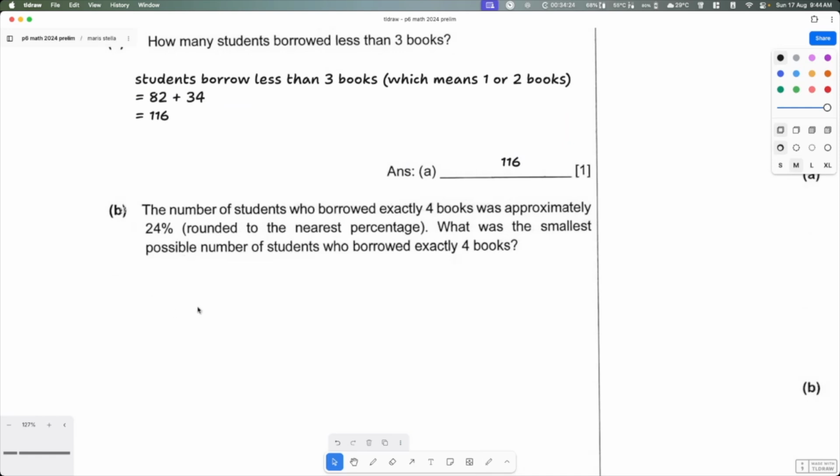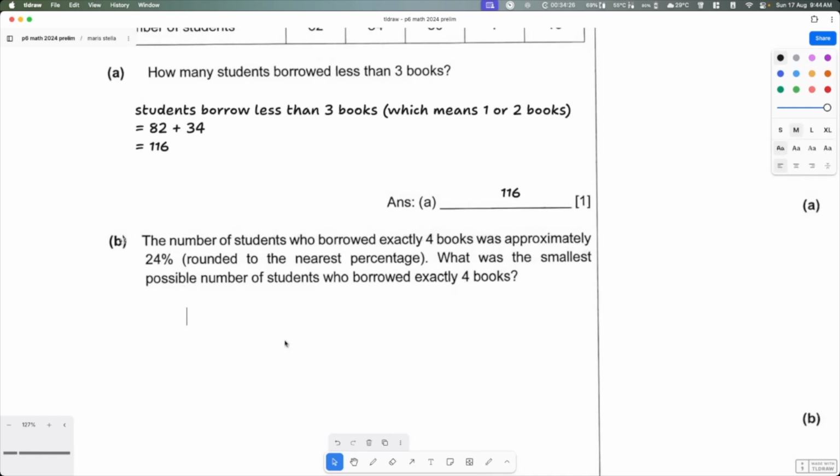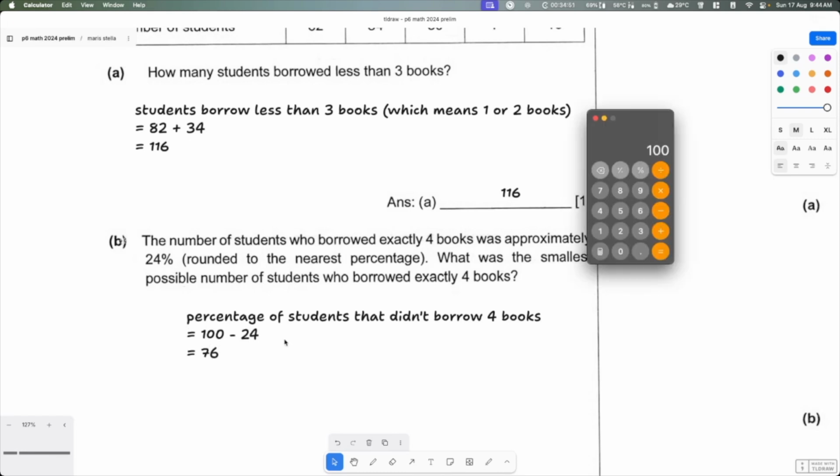First we need to get the percentage of students that didn't borrow 4 books, which is equal to 100 minus 24. In this case, 76. Double confirm with the calculator: 100 minus 24 equals 76%.